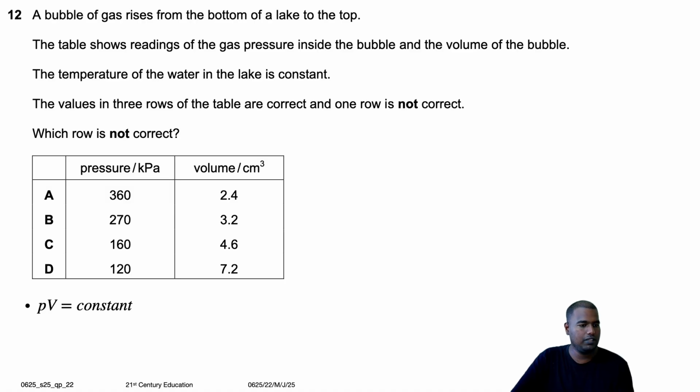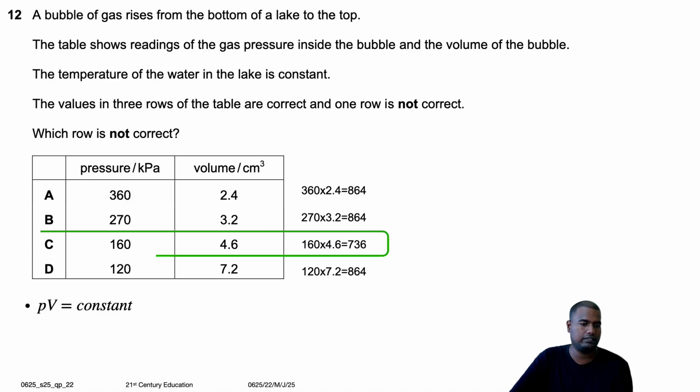So we'll just multiply pressure by volume and see what value it gives. First row is 360 multiplied by 2.4, which is 864. 270 multiplied by 3.2, also 864. 160 multiplied by 4.6 is 736, not 864. 120 multiplied by 7.2 is 864. So option C is not correct.